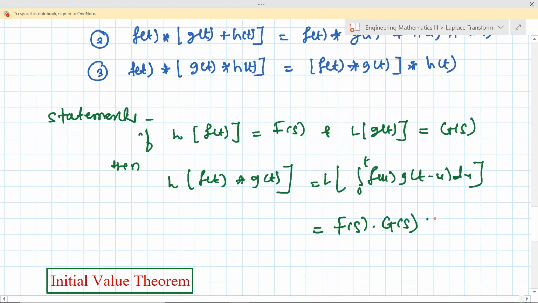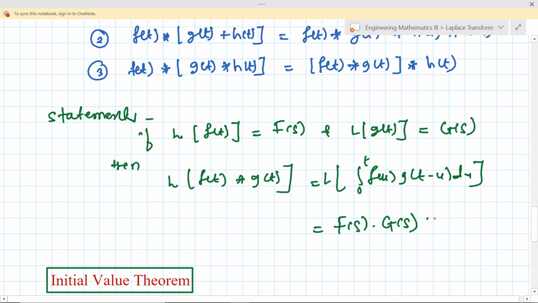Okay, and now let us come to the statement of the convolution theorem. Suppose we have Laplace of f of t is F of s, Laplace of g of t is G of s, then what is the Laplace of f of t star g of t? It is nothing but Laplace of this f of t star g of t, 0 to t f of u into g of t minus u du, is nothing but capital F of s into G of s, isn't it?